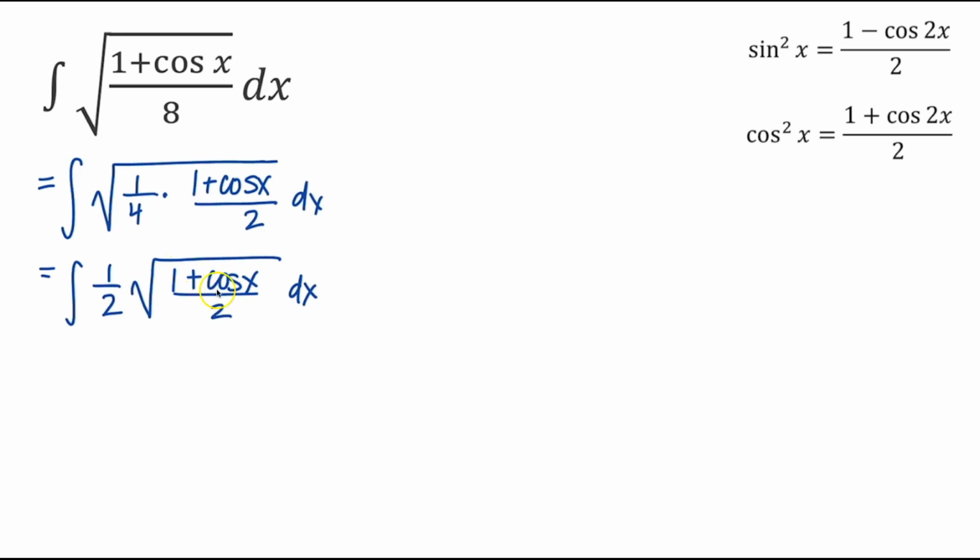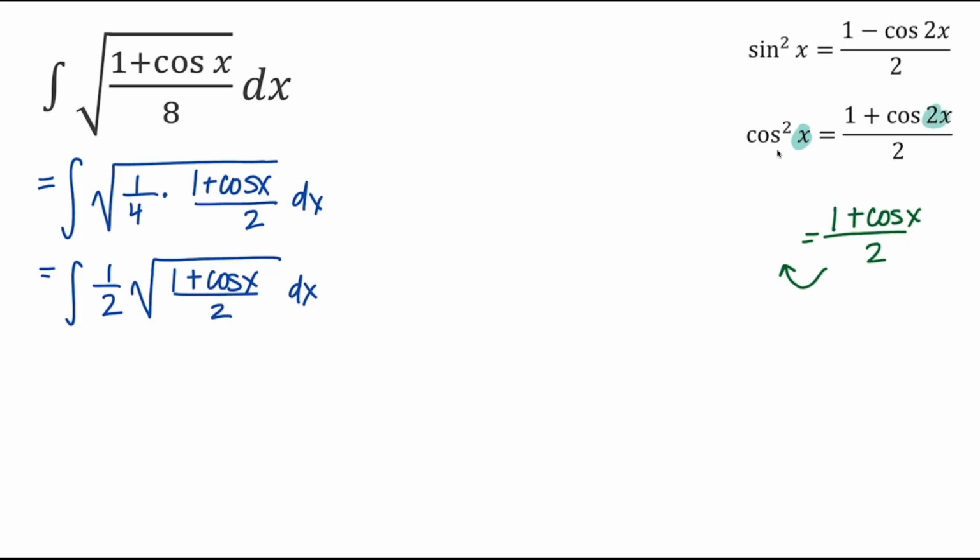So now what I have underneath the square root is really close to the right side of the power reducing identity for cosine. So let's go ahead and write it over here and see how we can use it. So 1 plus cosine x over 2 is what we have. So we want to figure out how to go in reverse here. If I look at cosine squared x, it becomes 1 plus cosine of 2x.